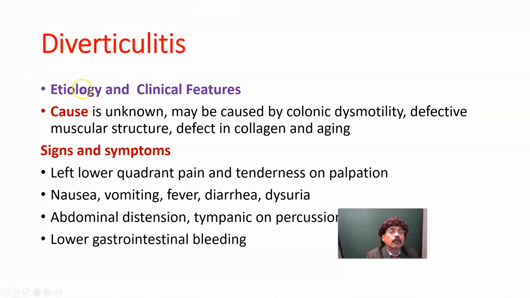So what is the cause of diverticulitis or diverticulosis? Inflammation is colitis. Diverticulosis means the diverticular formation. The cause is unknown, may be caused by colonic dysmotility, defective muscular structure, defect in collagen, and aging will get diverticular formation.